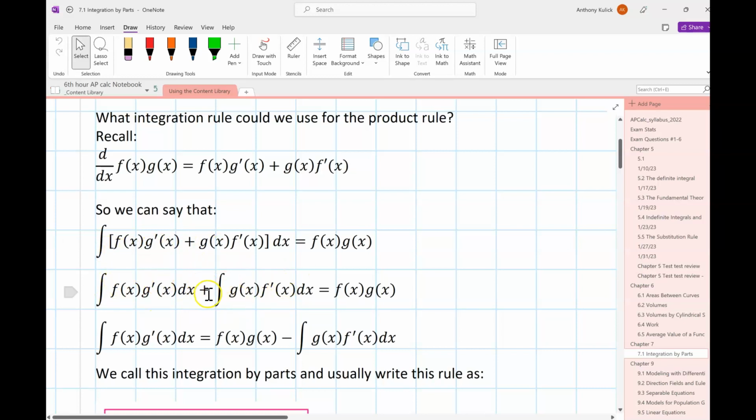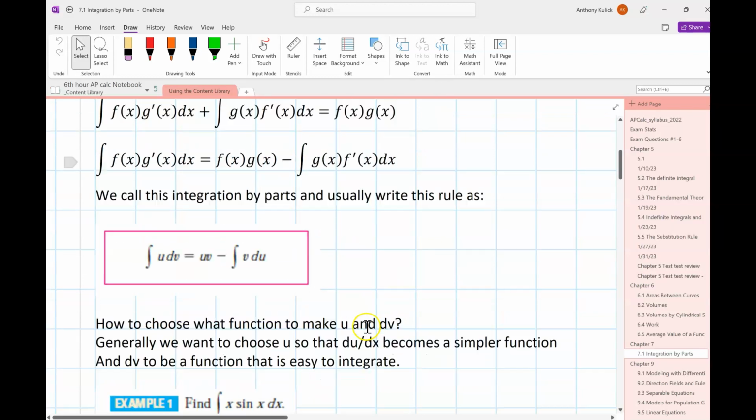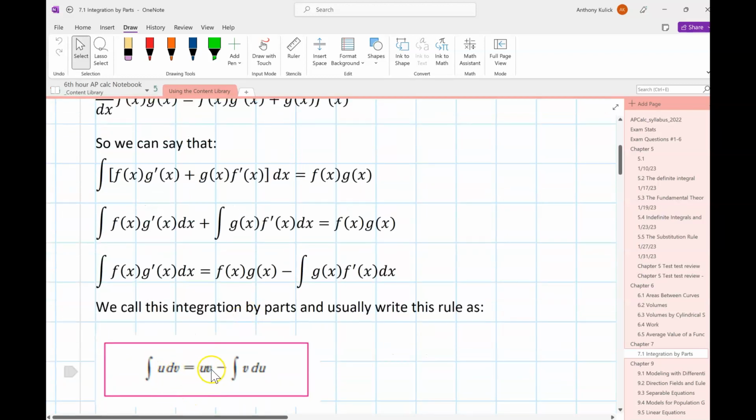And then I can subtract this integral to the other side. So this integral is equal to this times this minus this integral. That's integration by parts. Usually you write it with u's and v's, but that's the formula. The trick is figuring out what u and dv need to be.